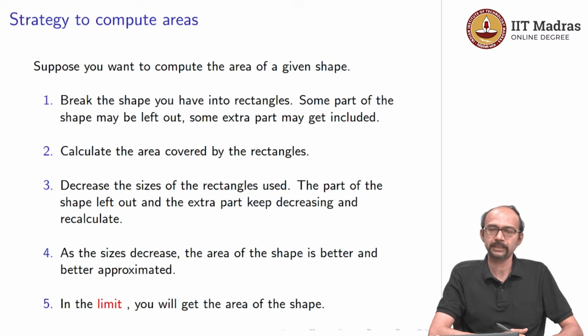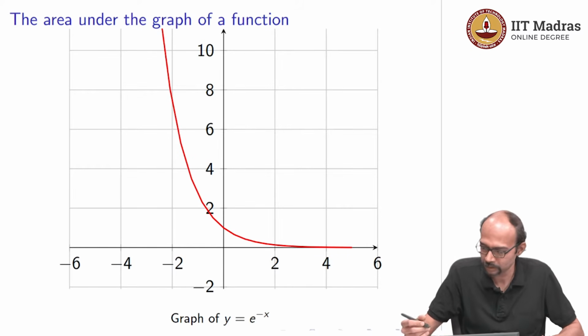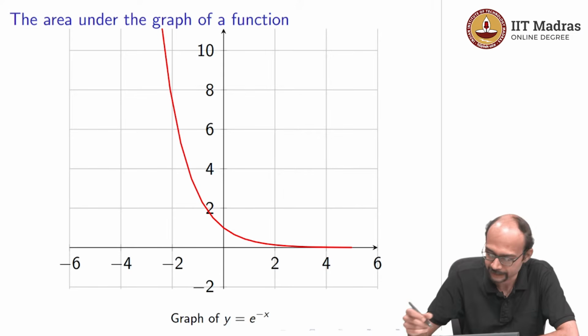We are going to use this strategy in a coherent fashion, and we are going to talk about the area under the graph of a function. Here's an example of the function y is equal to e to the power minus x.